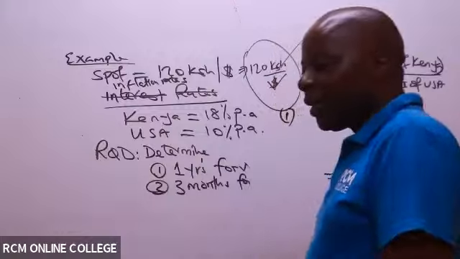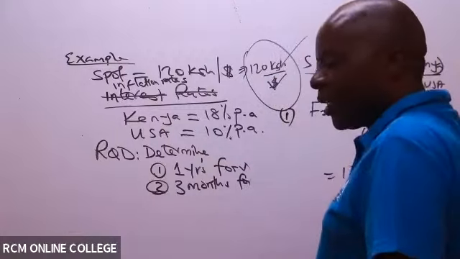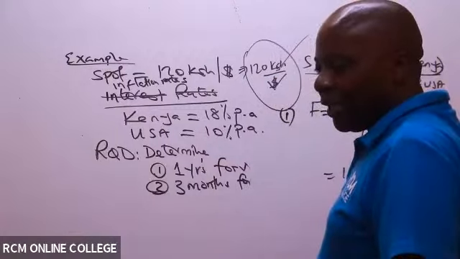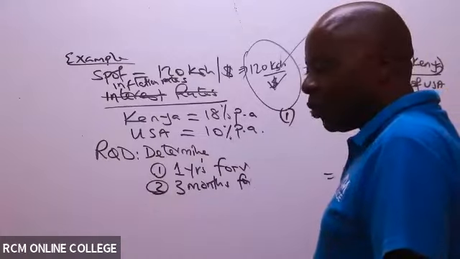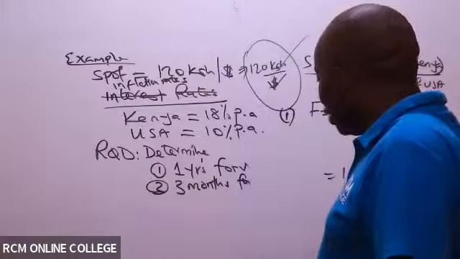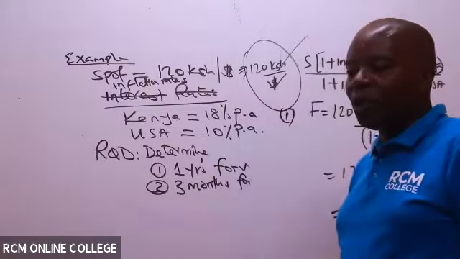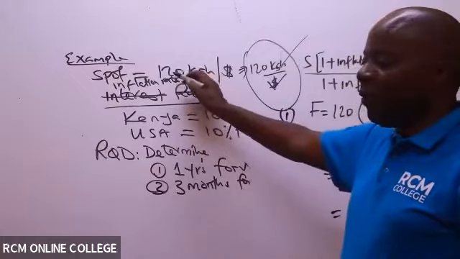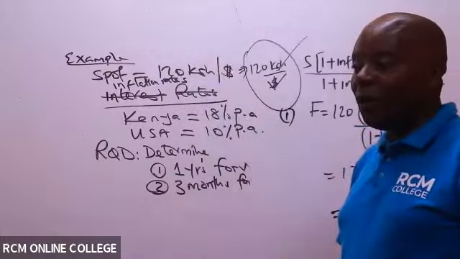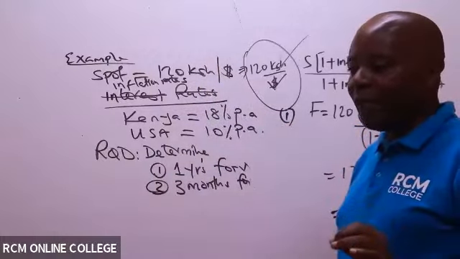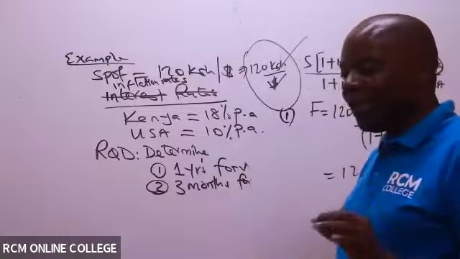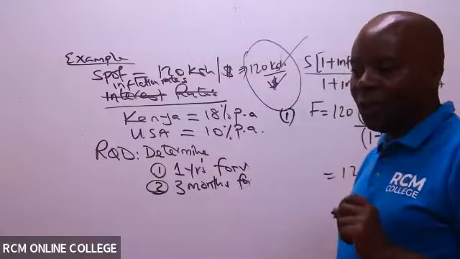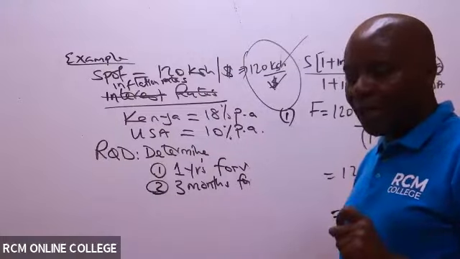Go ahead straight away and give us this one here. When you multiply, they're saying 120 times 1.18 over 1.1 is 128.73. Let me ask you a question. We are moving from 120 Kenya shillings per dollar to 128.73 Kenya shillings to the dollar.